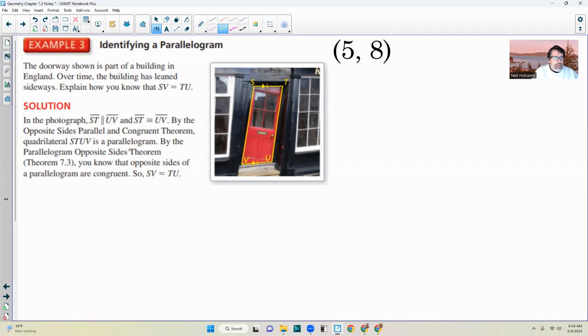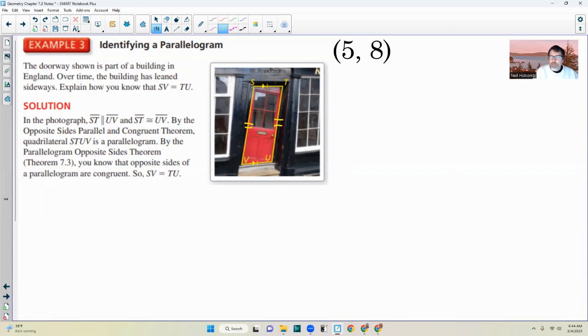And by the parallelogram opposite sides theorem, since this is a parallelogram, the opposite sides have to be congruent. So once we know it's a parallelogram, we can say side SV is congruent to TU. Okay? And that's all you have to do to prove those two sides congruent. Prove it's a parallelogram, and then opposite sides have to be congruent.